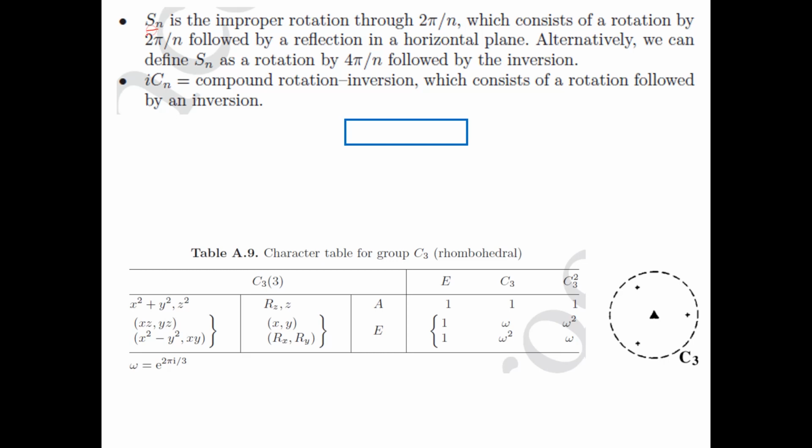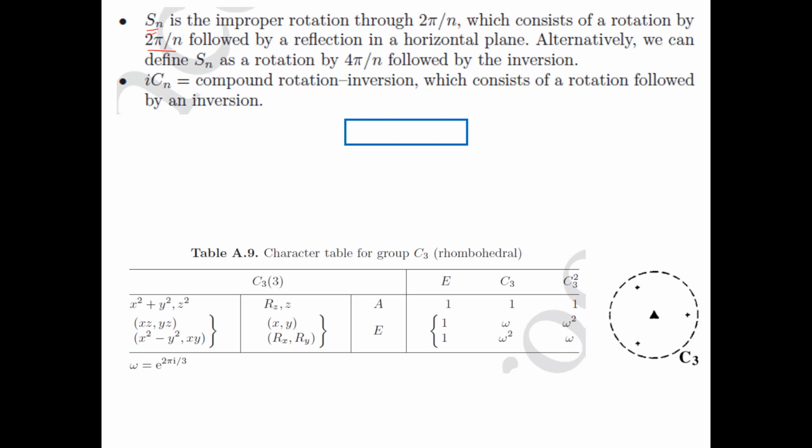An improper rotation symbolized by Sn is when you have a rotation by 2 pi over n followed by a reflection in a horizontal plane. So the reflection is not a symmetry, and the rotation is not a symmetry, but the rotation combined with the reflection is a symmetry.